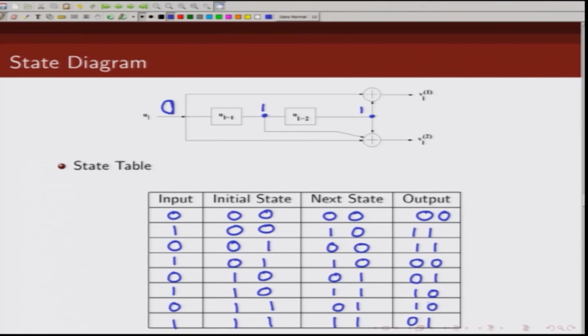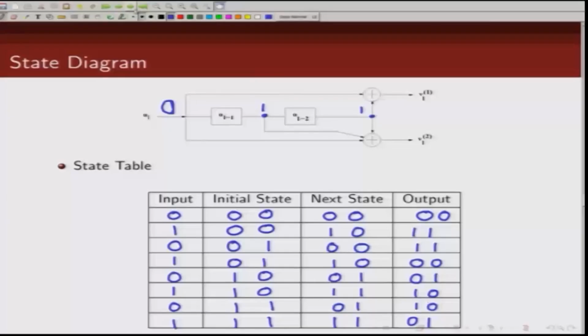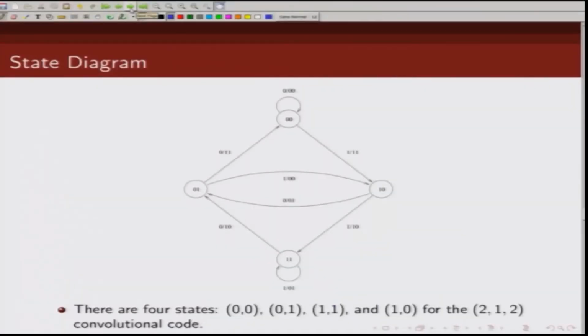Now, the state diagram represents the state table graphically, and how do we show it graphically? So, we will go back to this. Note here, we have 4 states 0 0, 0 1, 1 0, 1 1, and we are showing each transition graphically.